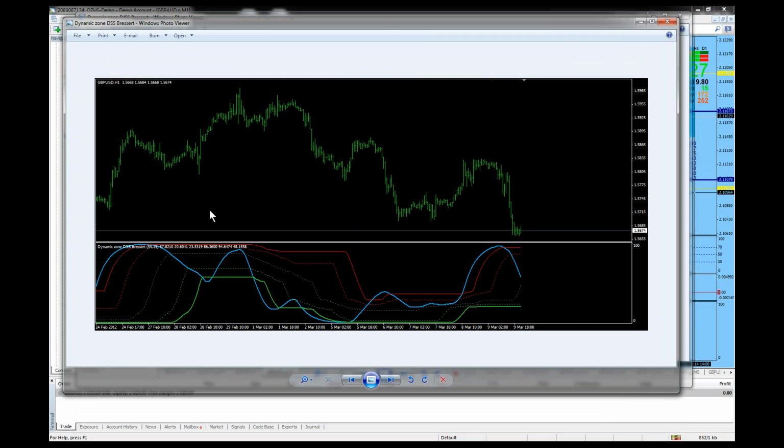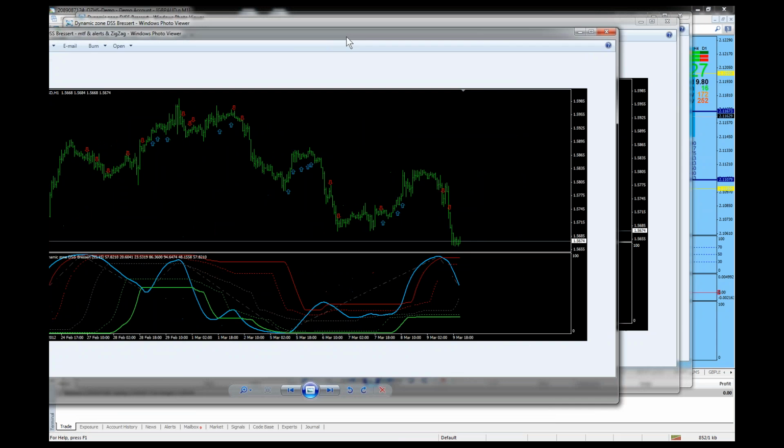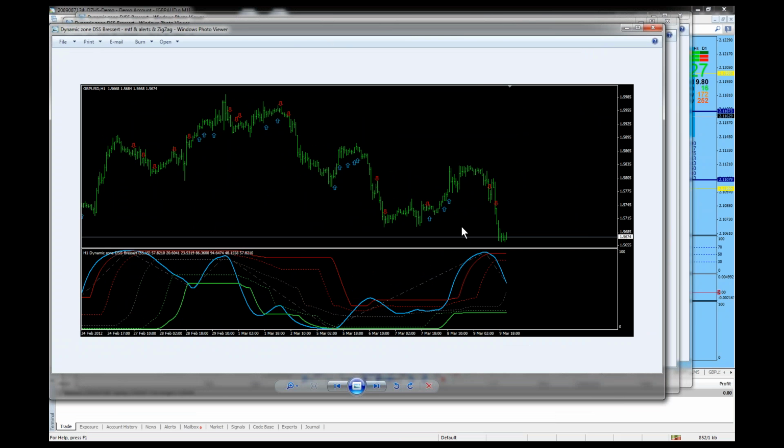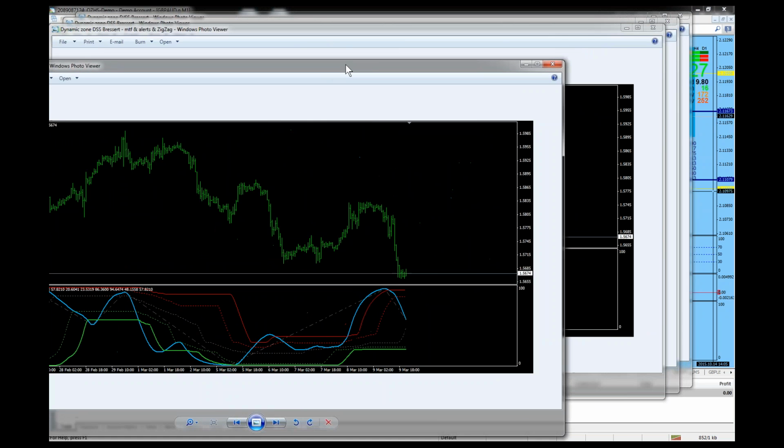That's a lot of stuff. Oh, yeah. It all depends on how you want to use it. This is a multi-time frame Bressert. That would paint these arrows. I have no idea what these arrows do. And this is a dynamic zone Bressert, which looks identical. It is identical. It's just without the arrows.